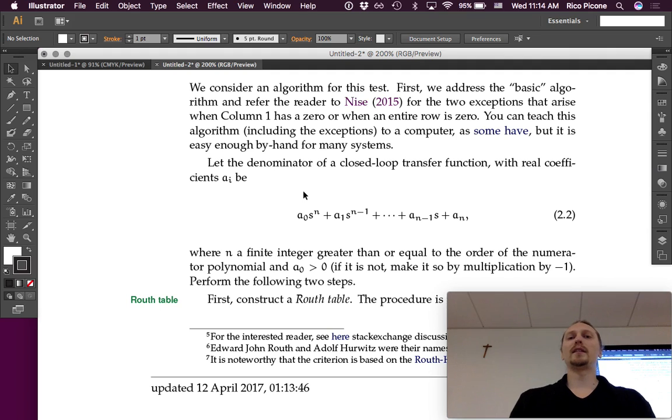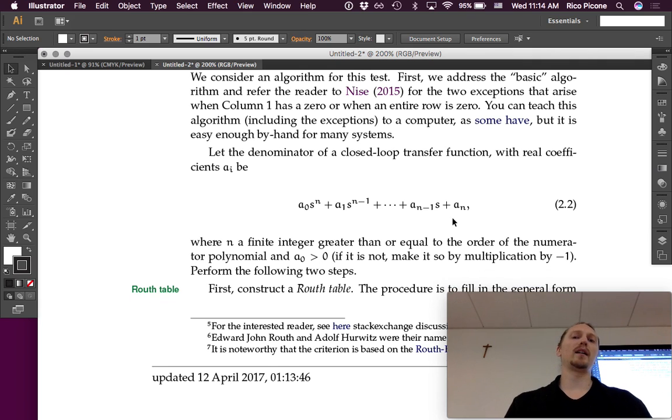So let the denominator of a closed loop transfer function with real coefficients a_i be this: a0 s^n plus a1 s^(n-1), etc., to an, where n is a finite integer greater than or equal to the order of the numerator polynomial, and this first coefficient a0 is greater than 0.